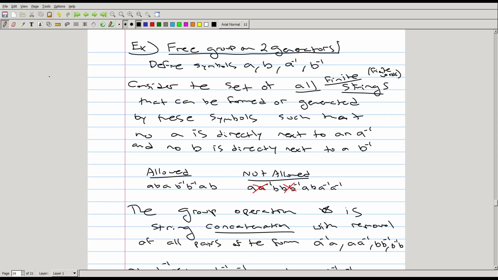This group has many other important applications, not just to computer science, but also to many other areas of mathematics, such as topology. It can be used to prove the Banach-Tarski paradox. There are an extremely large number of applications of this group.